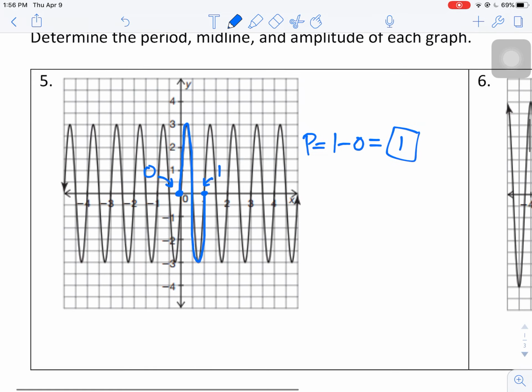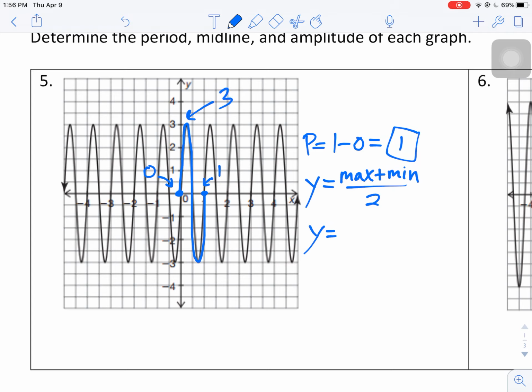Then they want us to get the midline and the amplitude. So your midline is y equals the max plus the min divided by 2. You're simply averaging your max and min to figure out what's the spot right in the middle. So my maximum's up here at 3.